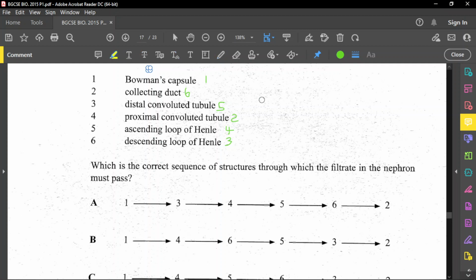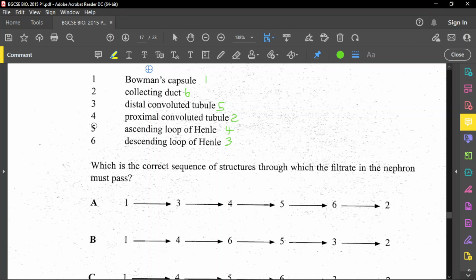According to these, the Boseman capsule first, and then number 4 next. So 1, 4, and then 5. No, 1, 4, and 6. So we're going to look for number 1, number 4, number 6, and then number 5.